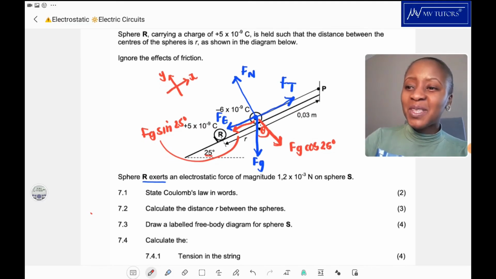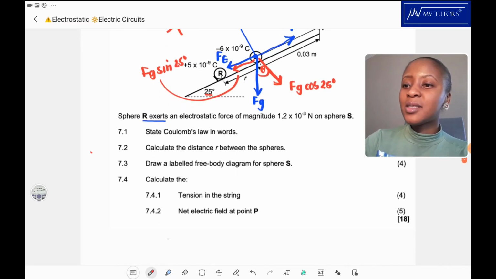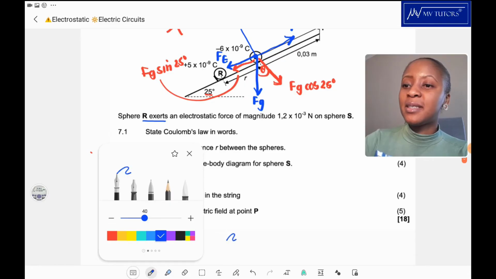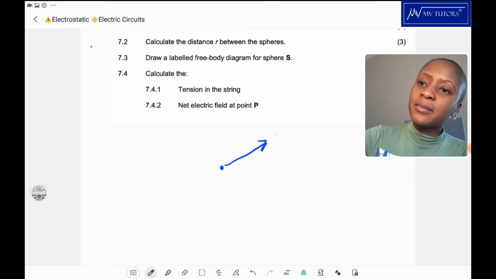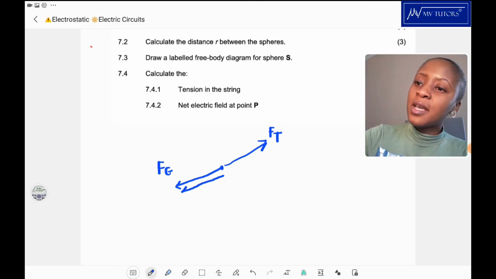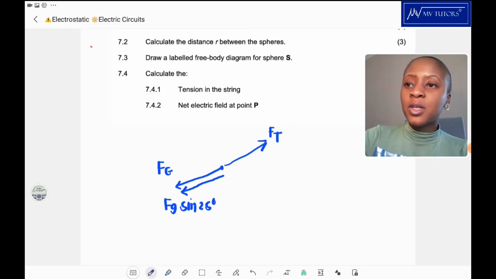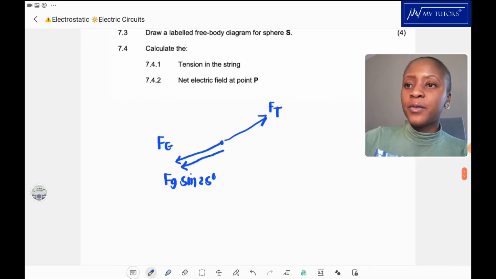Now they want us to calculate the tension in the string. So let us do it. Remember, we had tension there. We had the electrostatic force. We also have another force there, which was Fg sine 25. I'm not going to look at the vertical forces.